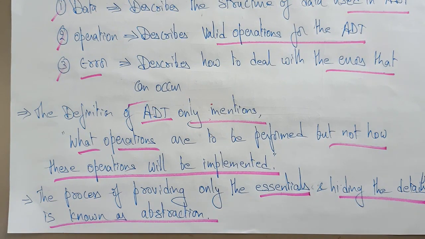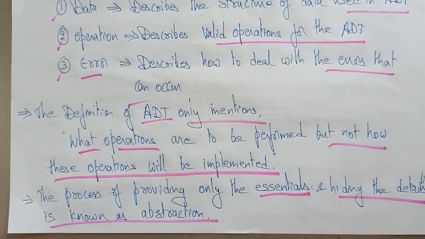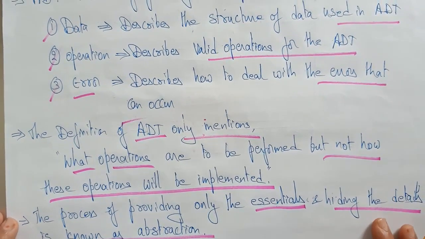Either it may be data or it may be methods, whatever it may be, only the essentials are provided. Internal details are going to be hidden. Remember that: everything related to the methods and the data members, the internal details, will be hidden. That you call abstraction.